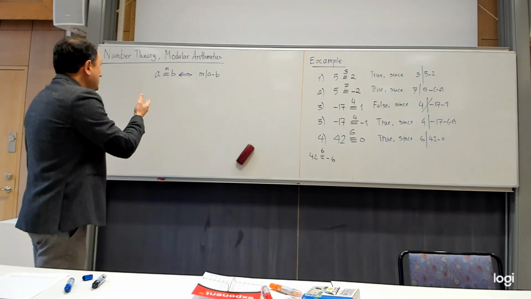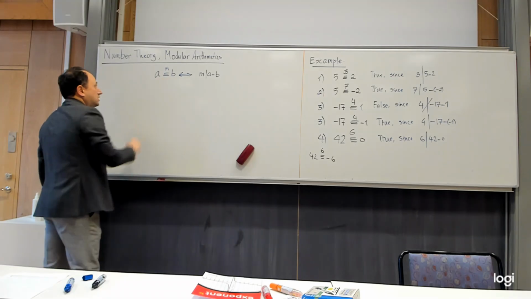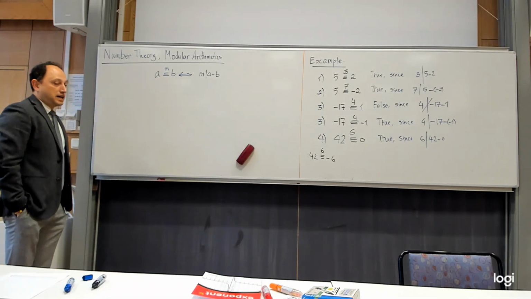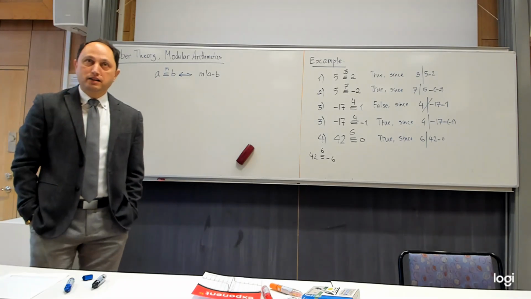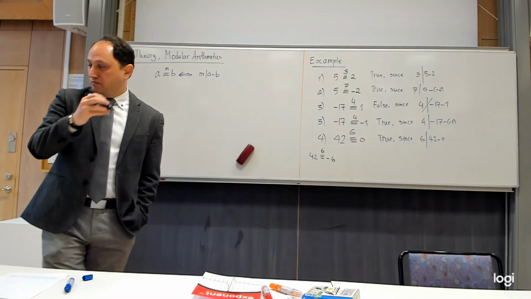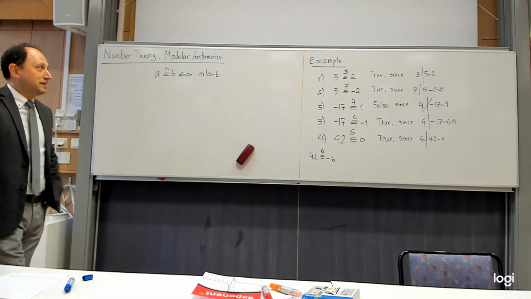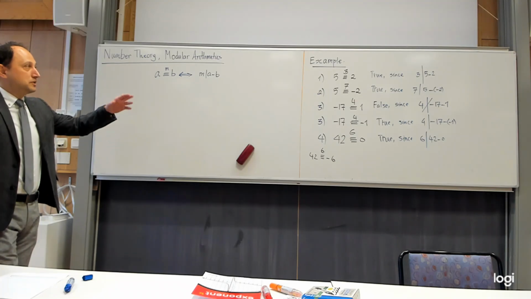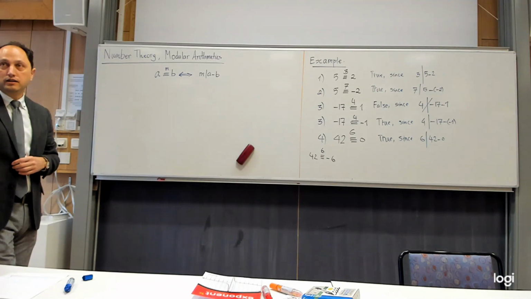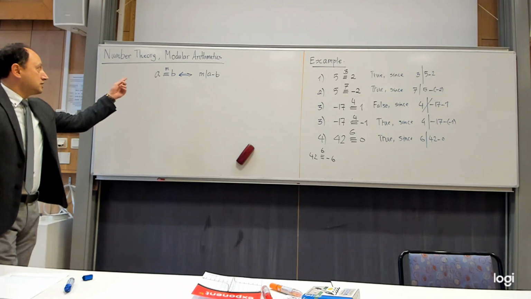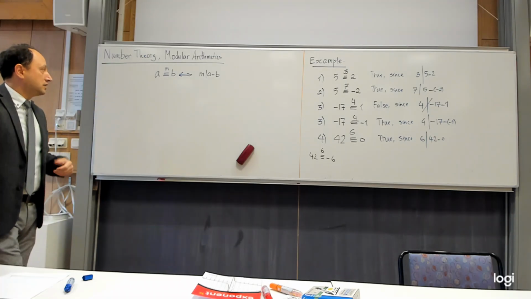But let us now discover a little bit of the properties of this new relation. Let us ask, is this relation symmetric? Do you remember the main reason that we skipped that divisibility relation is because that relation was not symmetric. Now, is this relation a symmetric relation? What does it mean?